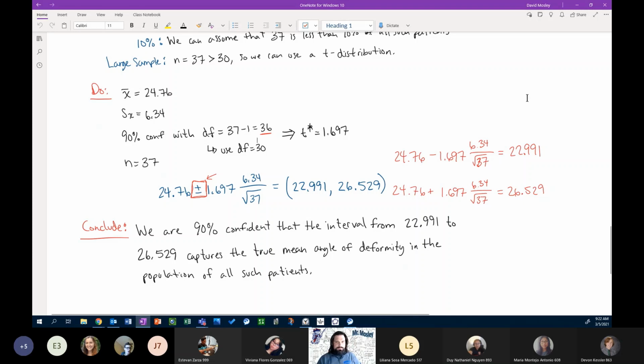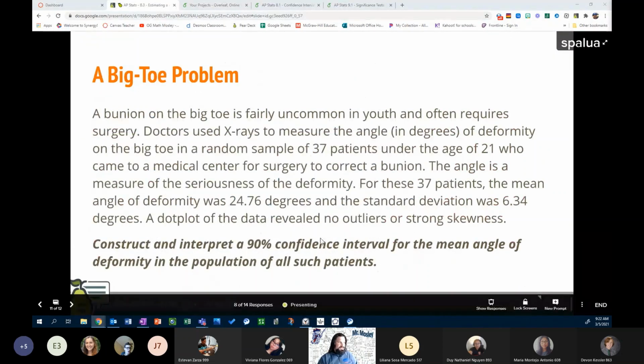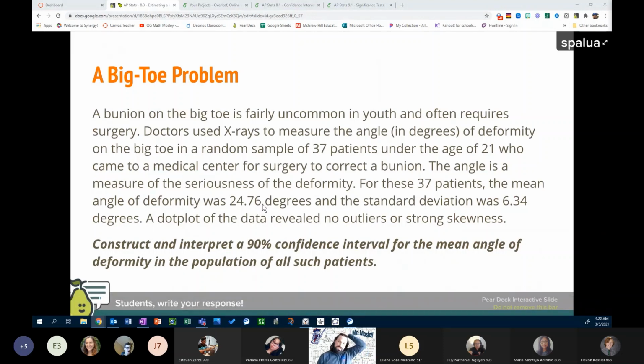Alrighty. So again, the other thing that you want to think about when you're given a context like this, and we know the mean of our sample, which we should know, we have to have a sample to work with. When you calculate your confidence interval, you should end up with a number greater than the mean and a number less than the mean, because the mean is the number that you're adding and subtracting a common value to.